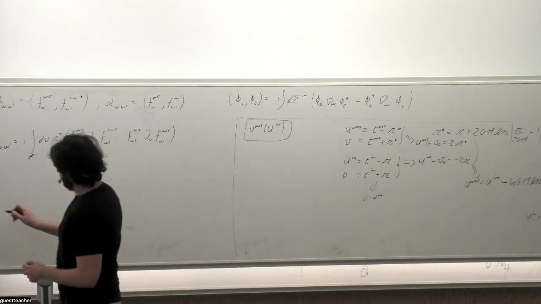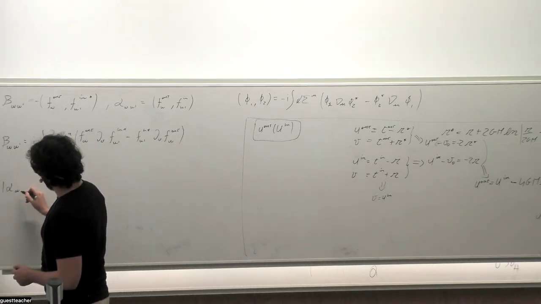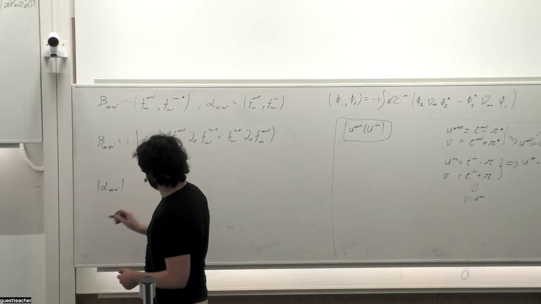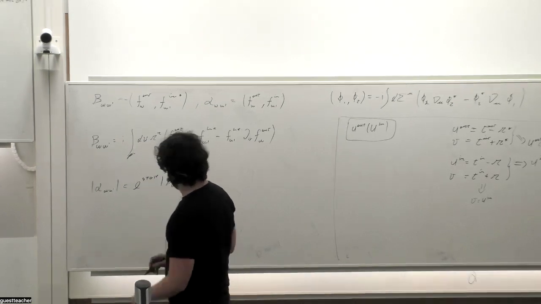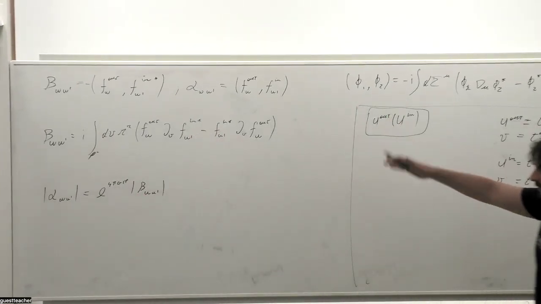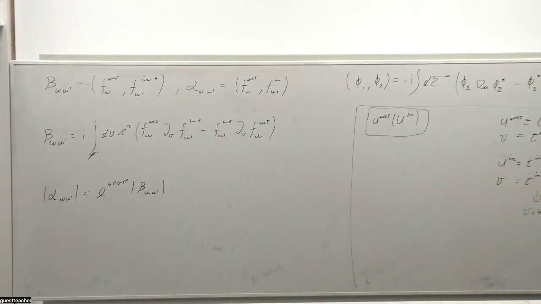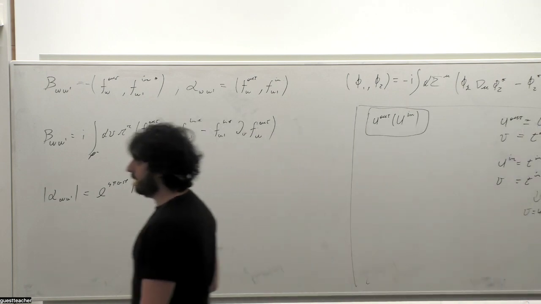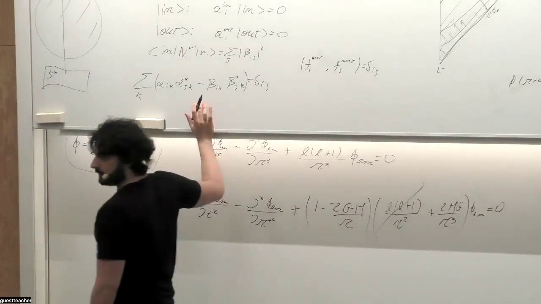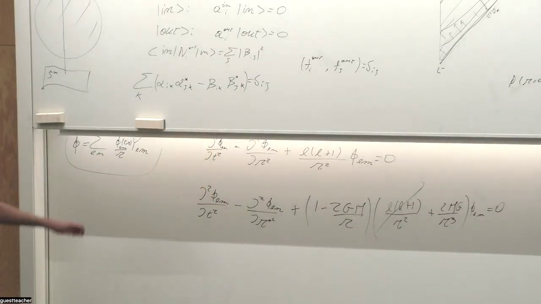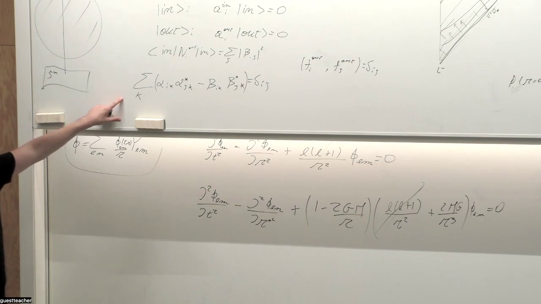You can find that the absolute value of alpha omega omega prime is equal to e to the 4 pi G m times beta omega omega prime. You do both alpha and beta, you get that result, right? And now once you do that, you can make use of this relation here.